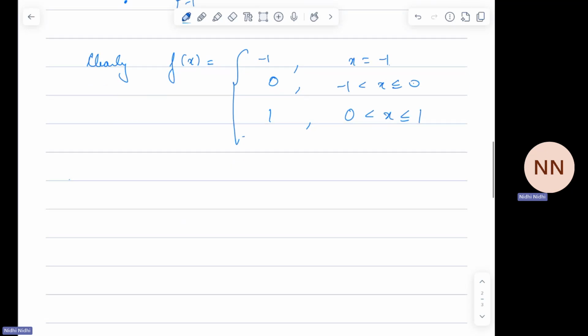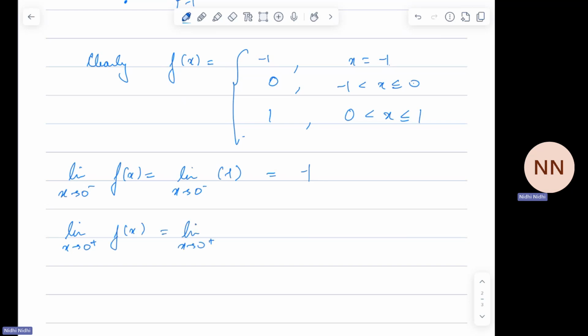So limit x tending to 0 minus: when we are approaching 0 from left hand side, the function f(x) is a constant function having value -1. So the limit will be -1. And the right hand limit x tending to 0 plus f(x), again here the function is a constant function, 0.